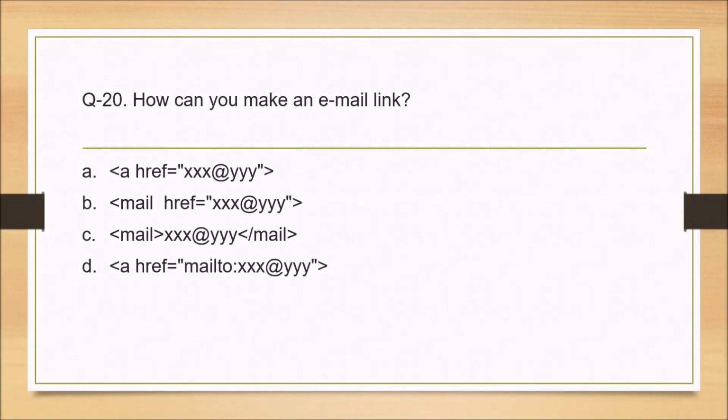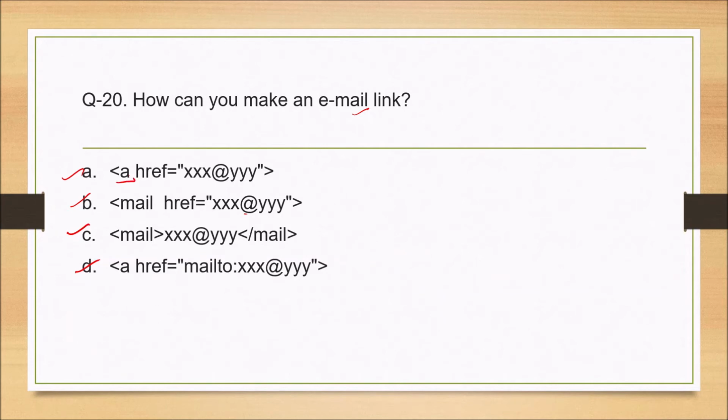Next question is, how can you make an email link? So here we have 4 options, and in only 2 options you can see we have anchor tag. In B and C you don't have anchor tag. So you can eliminate these 2 options, and then you can choose the correct option by checking the syntax.